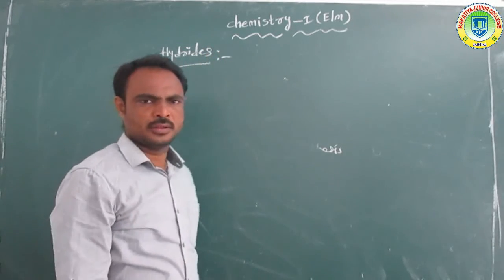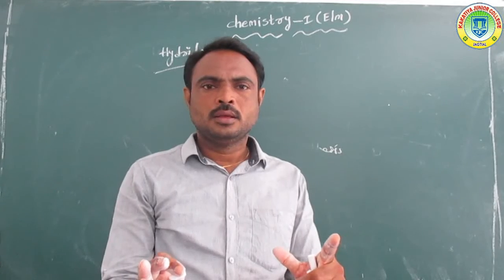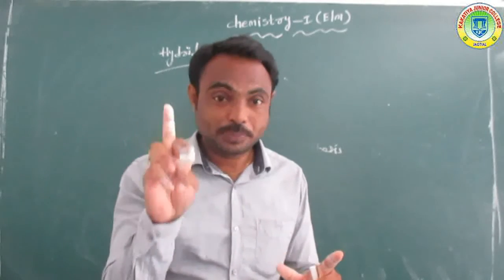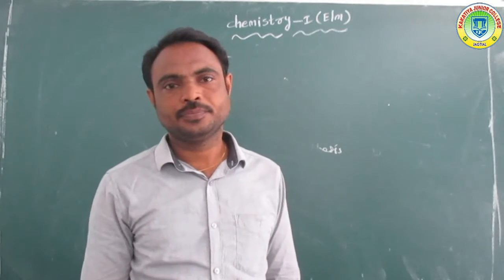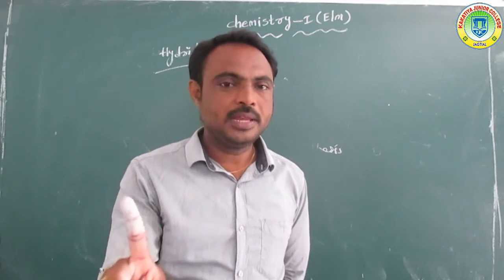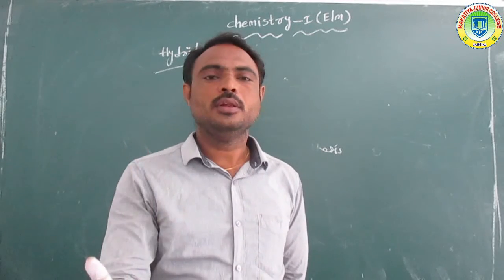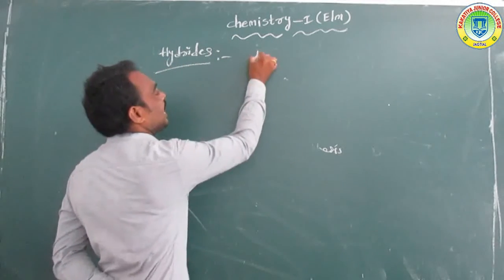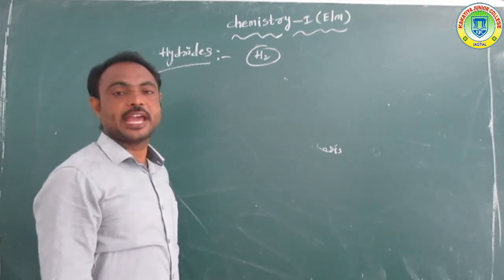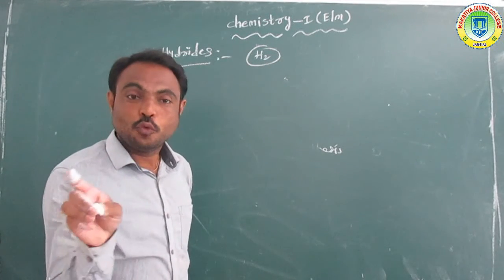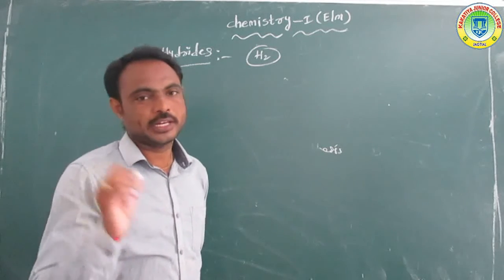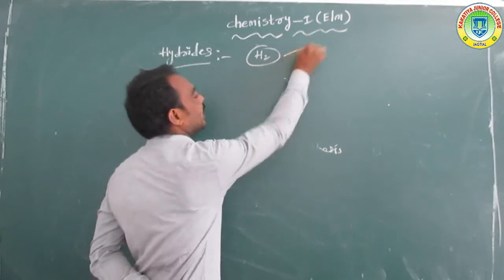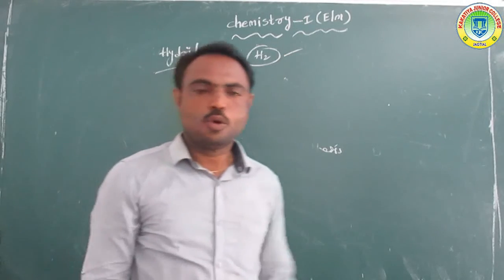Hydrides. Overall, all elements in the periodic table except the noble gases react with dihydrogen to form binary compounds. These binary compounds are called hydrides.